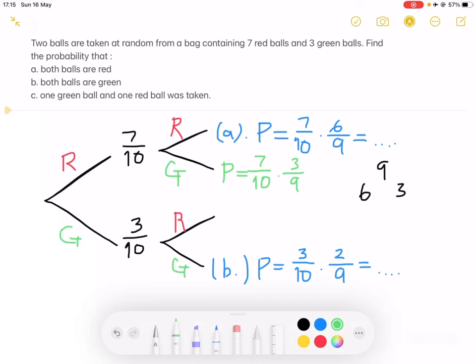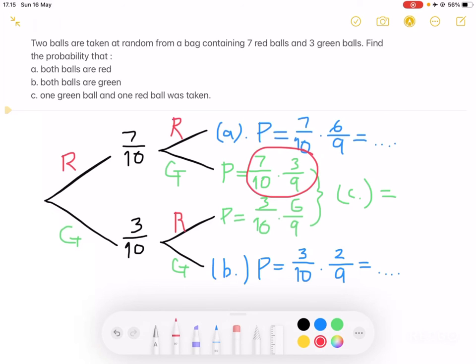And then a green ball is taken, meaning that the probability here is 3 over 9. The same reasoning applies for this case, which will be 3 over 10 times 6 over 9. And our answer for C will be the probability for this event plus the probability of this event. And then I'll let you compute that.